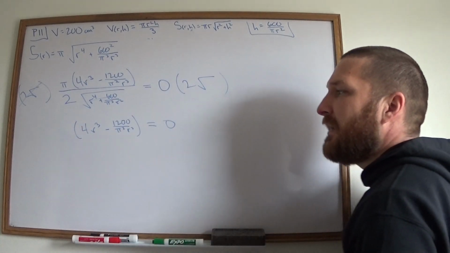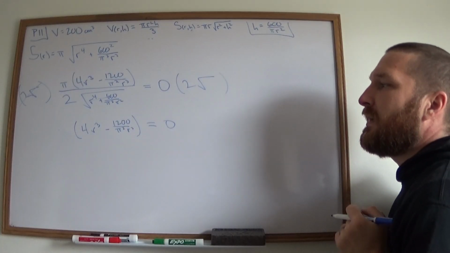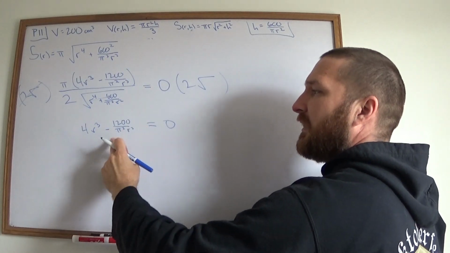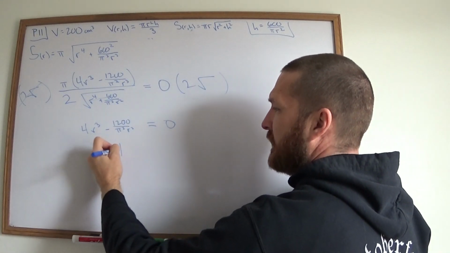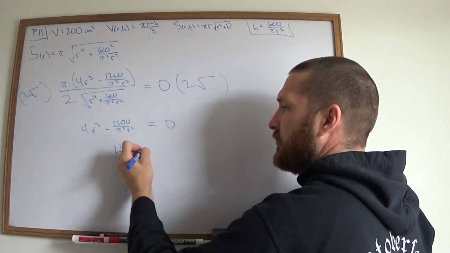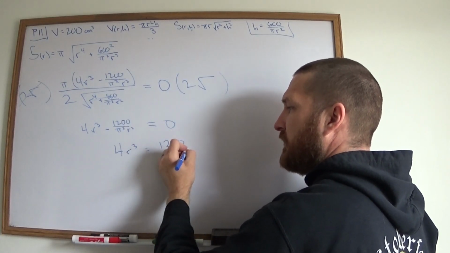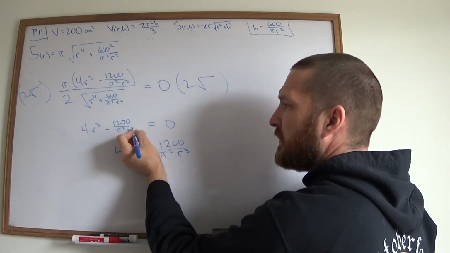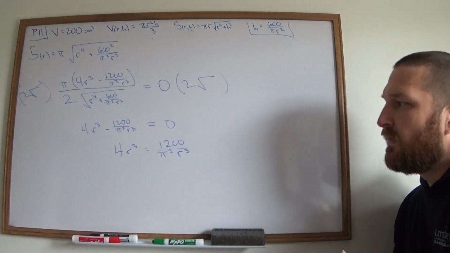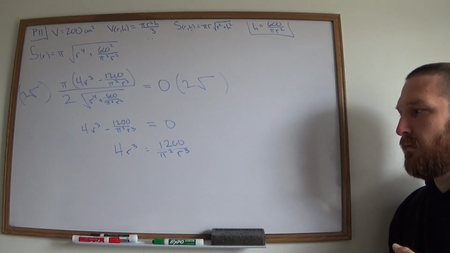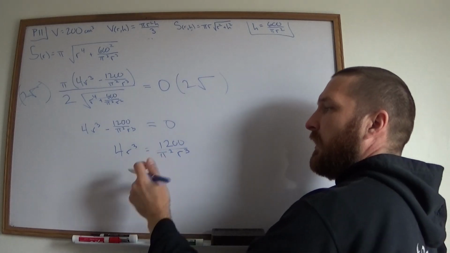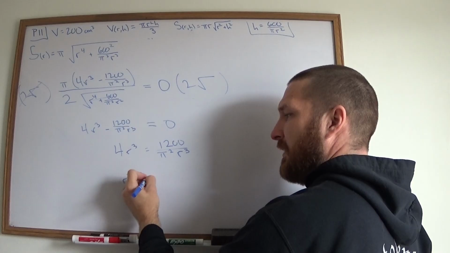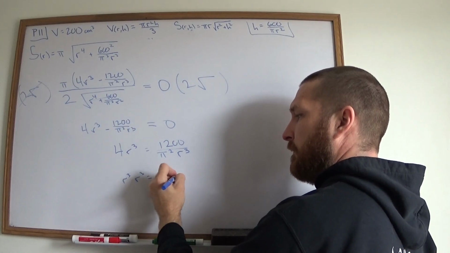Now we're just solving that. That's way easier to deal with. That's the same thing as this. Luckily there's a minus there. Nice how that works. Pi r cubed equals 1200 pi squared r cubed. It should have been a cubed there. I want to get all the r's on one side. That's easy enough. I'm going to multiply over here r cubed times r cubed, and I'm going to divide by the 4.